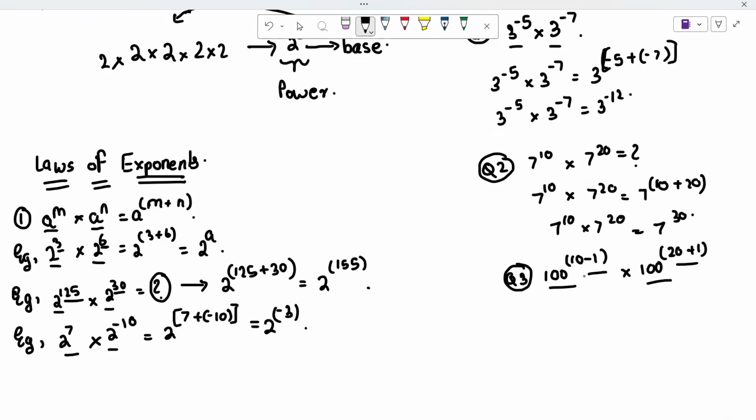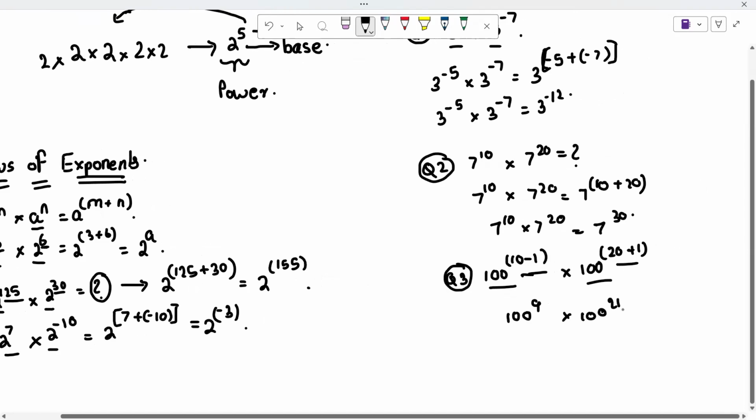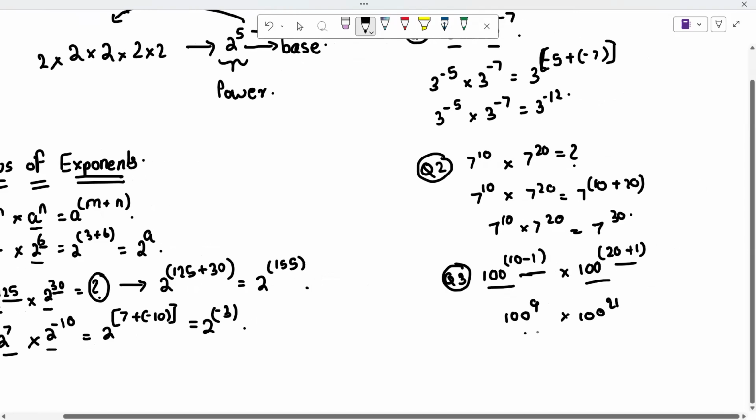Then just use your logic and use the first law of exponents. Now what's 10 minus 1? 10 minus 1 is 9 into 100 power. What is 20 plus 1? 20 plus 1 is nothing but 21. So that is your simplified question.